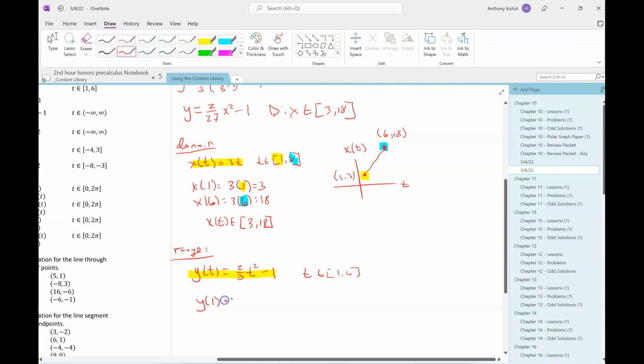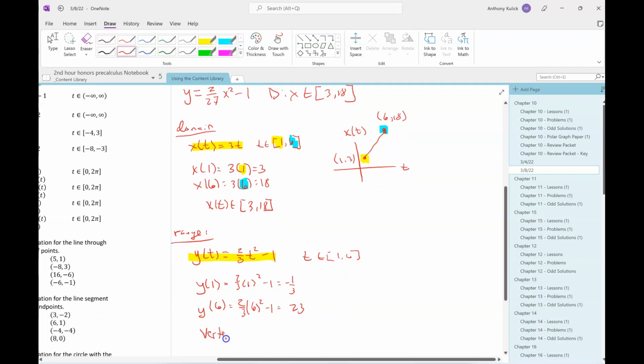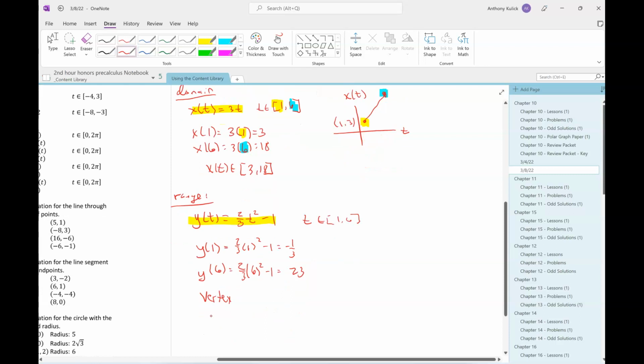So I'm going to do y of 1. I'm going to be doing y of 6. 36 divided by 3 is 12, times 2 is 24, minus 1 is 23. And then the vertex is going to be at 0 over 2 times 2/3. So still just 0.